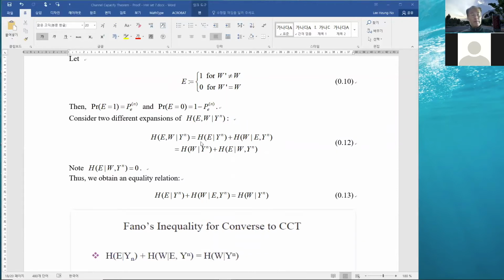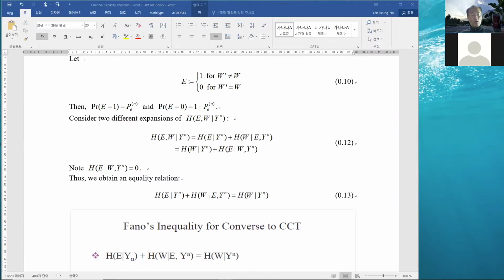We can do it first with the error random variable E, so this is H(W | E), and doing it again with W, so H(W) plus H(E | W). So we do these expansions twice, and they have to be equal to each other by the definition of entropy.